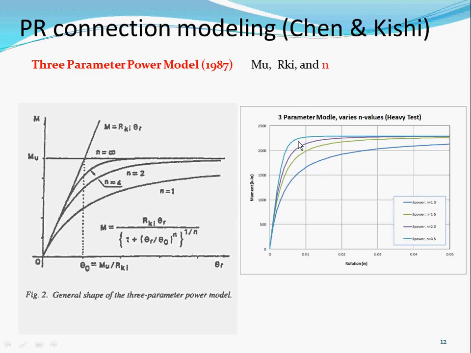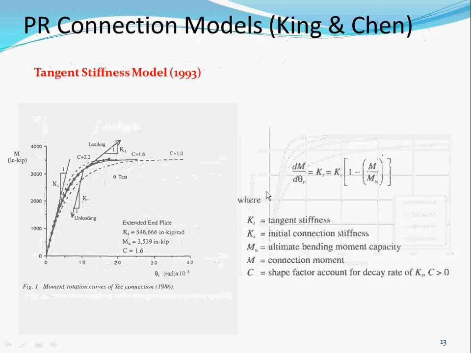The n is the power, just some number you come out with to fit your connection. So you do the analysis and ask which n fits my connection better. That's one way to model the connection.